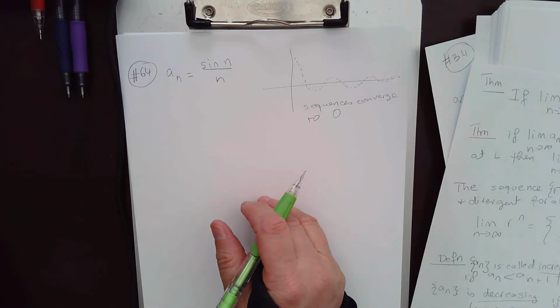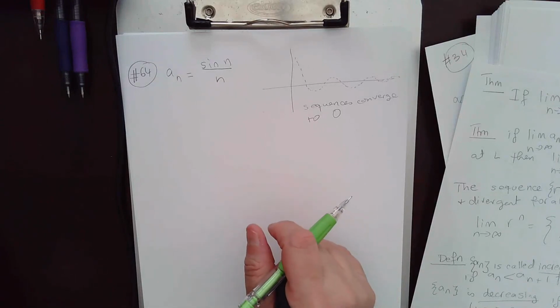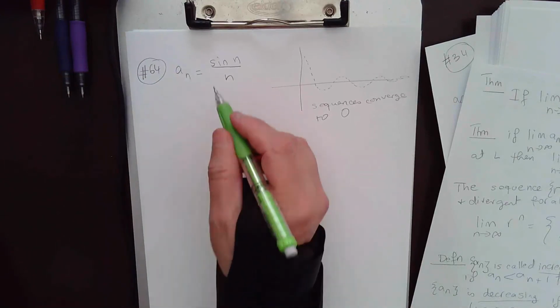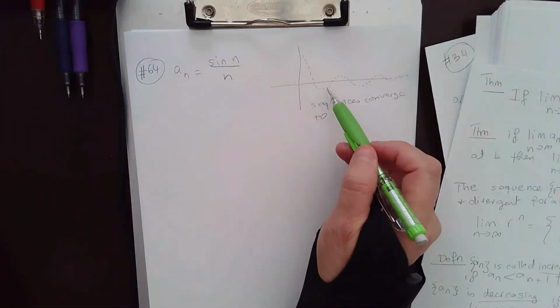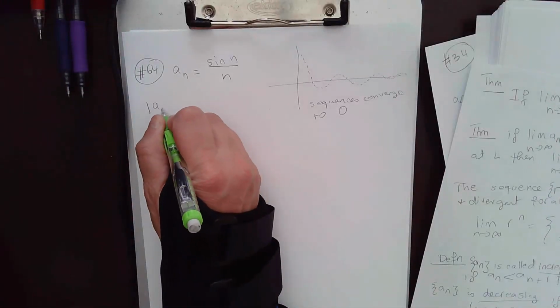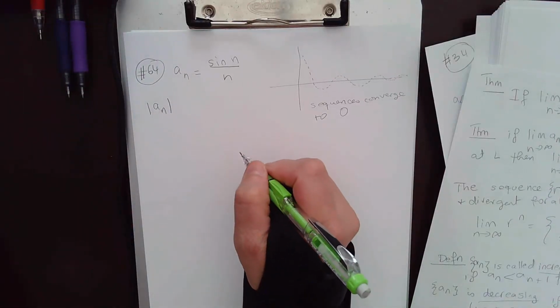Now figure out how we can prove our guess here. a_n is sin n over n. If you notice, sin n over n could be negative or positive. Let's work with the absolute value and then use theorem 6.